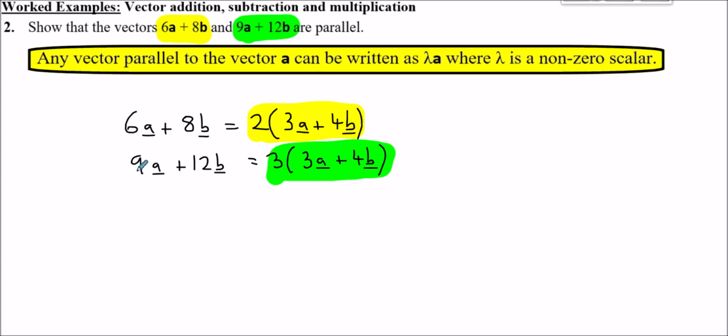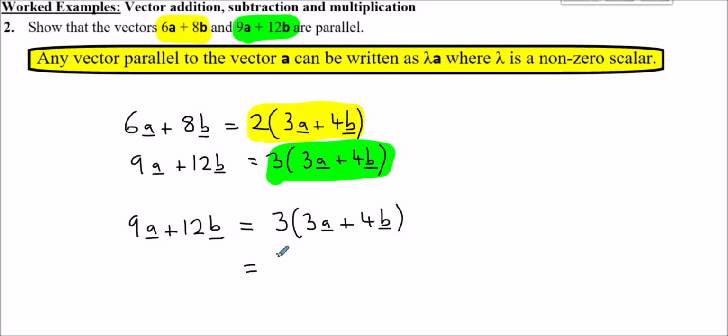So now we can think about how 9a plus 12b relates to 6a plus 8b more easily, because they both have a factor of 3a plus 4b. So next we can say that 9a plus 12b, because that's 3 lots of 3a plus 4b, well, 3 lots is the same as 2 lots multiplied by 1.5.